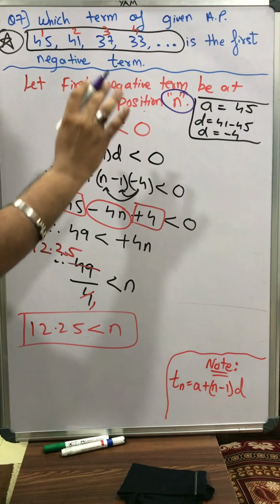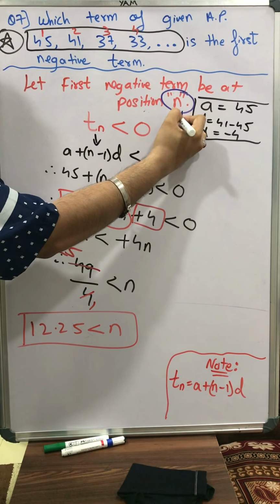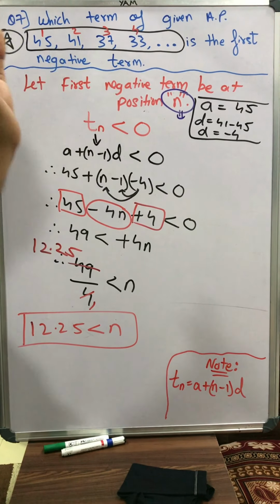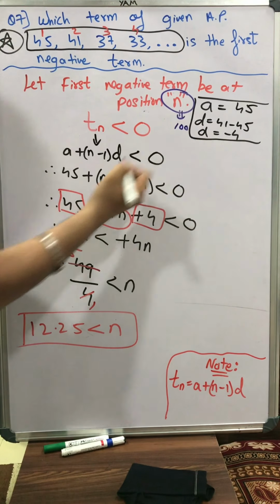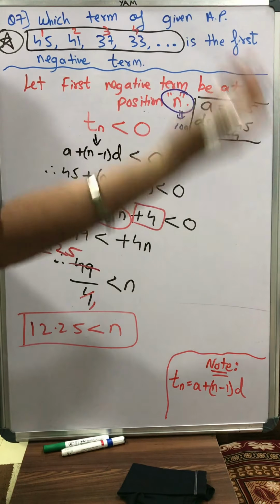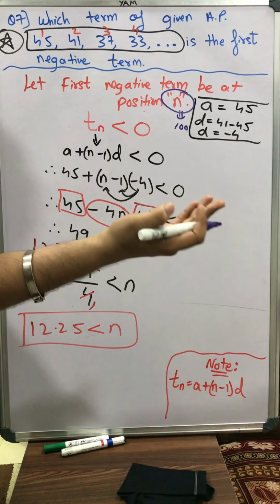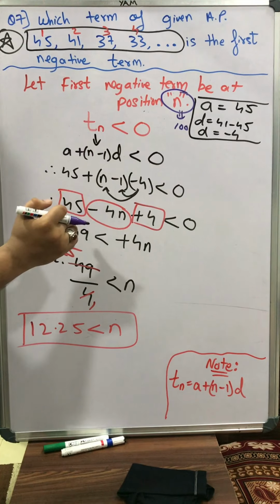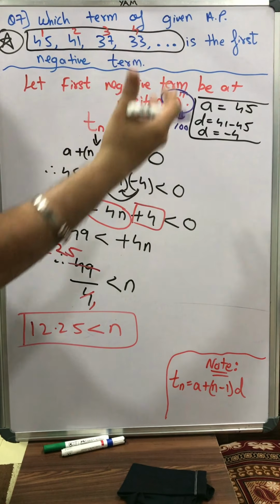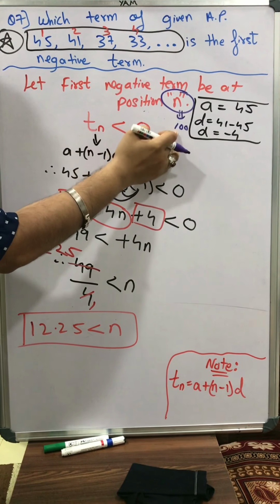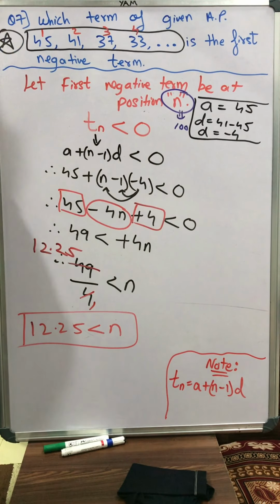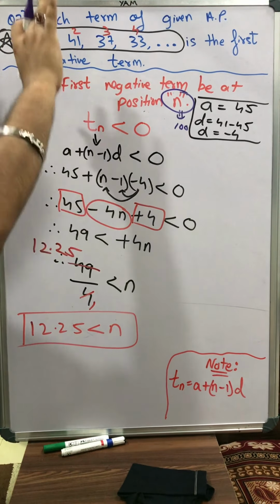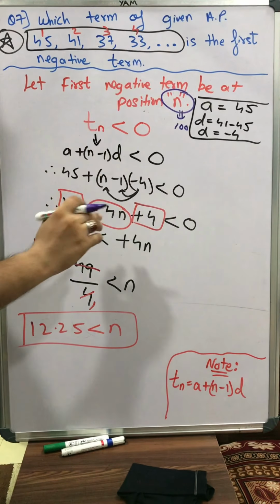For example, just a random example to explain: if n is 100, meaning my first negative term comes at the 100th position, then from 1 to 99 all will be positive. It's obvious, because from 100 onwards we are starting with negative terms.